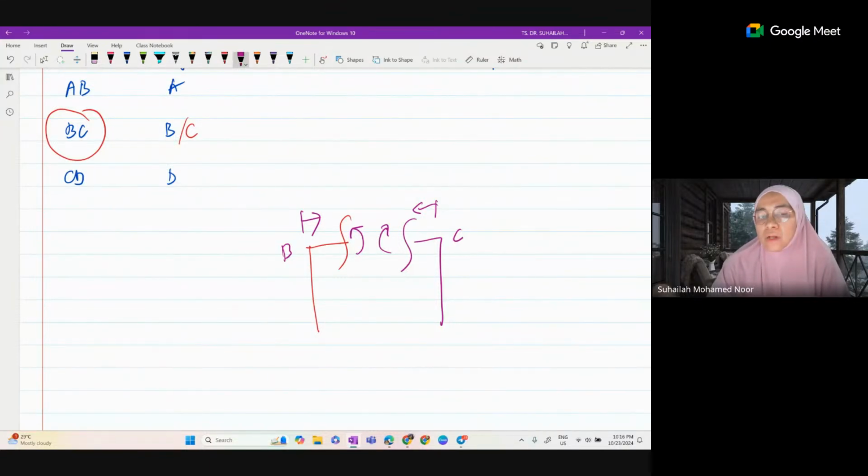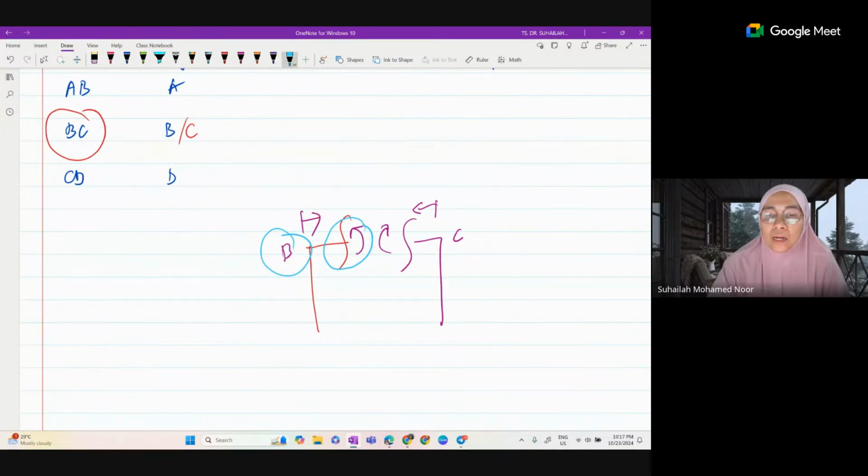Okay, for example, if we choose B as origin, look at the position of B. B from left. So when B come from left, origin is left. Moment counterclockwise.